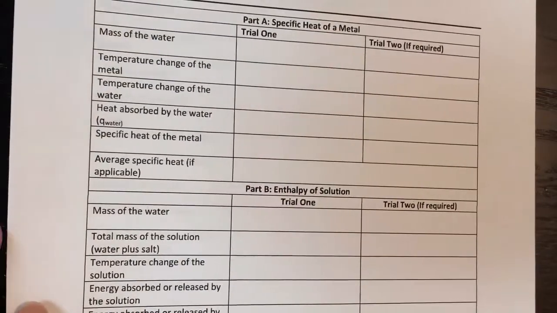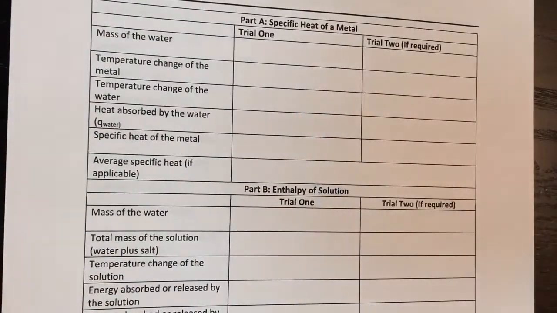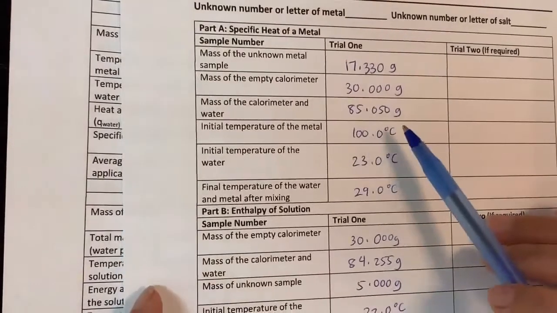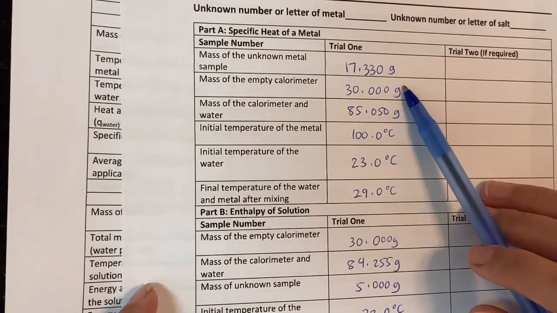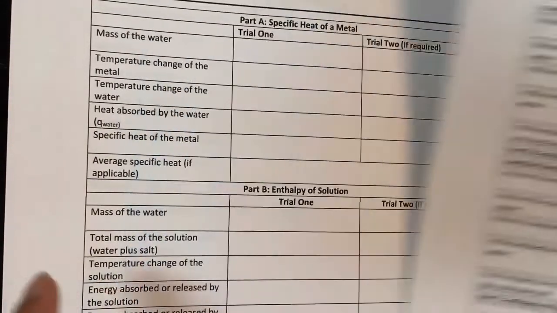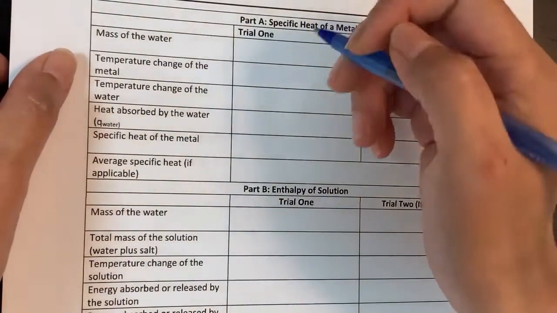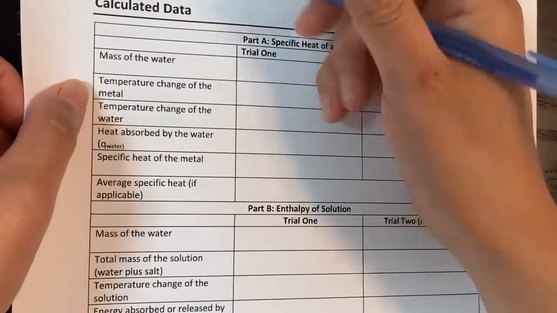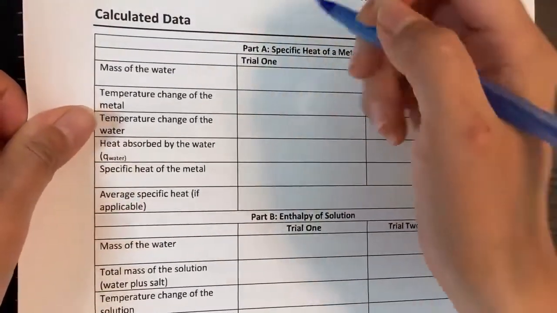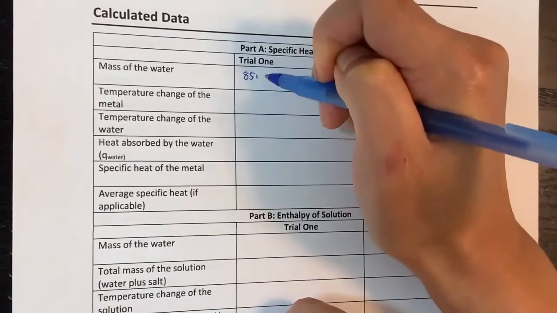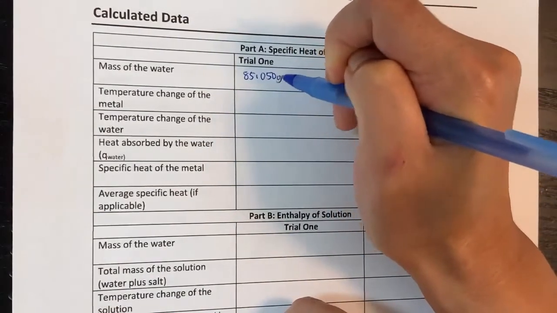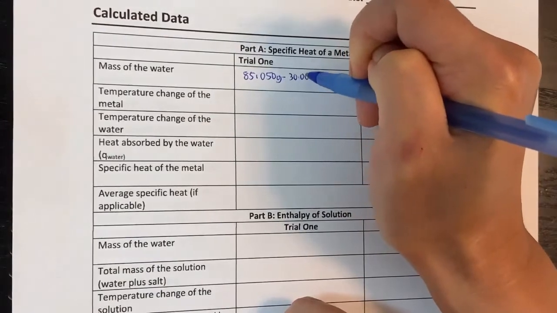Now, the first part is we have to get the mass of water. The mass of water is simply the mass of the calorimeter and water minus the empty calorimeter. In this case, it would be 85.050 grams minus 30.000 grams.